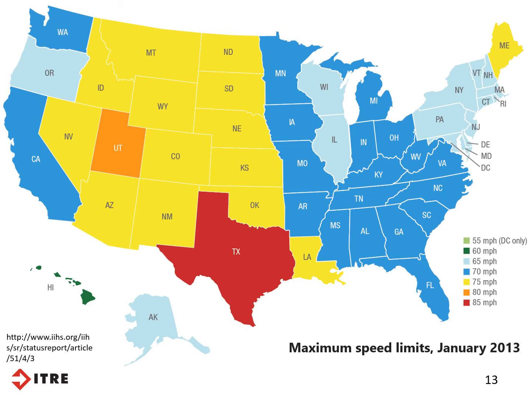This doesn't mean each of these states set these as the speed limits on all their roadways. It just meant the states had authorized at least some roadways to have a maximum speed at these levels. And what the Insurance Institute for Highway Safety study found was that looking at just 2013 alone, the increases in these speed limits resulted in 1,900 additional deaths, which essentially cancels out the number of lives saved by the frontal airbags that year.